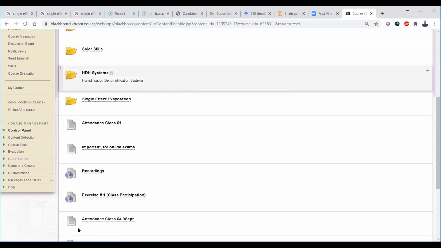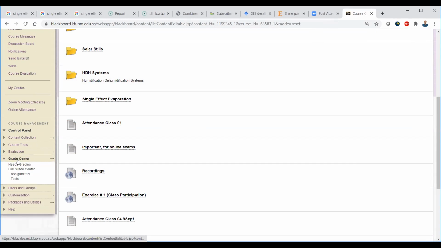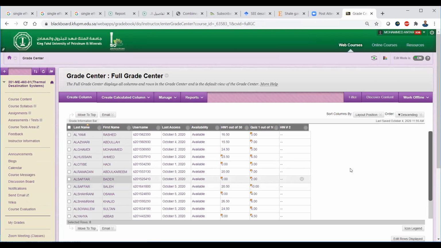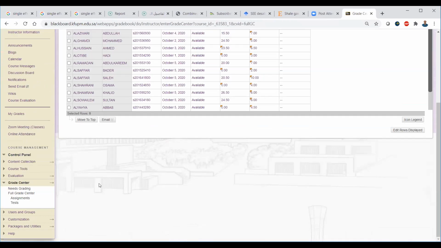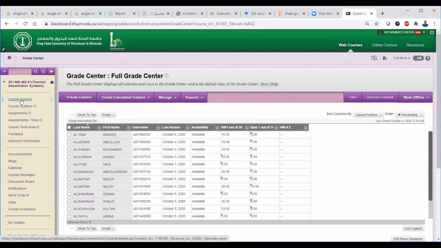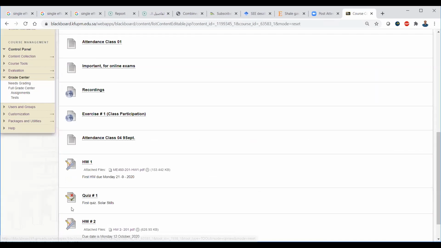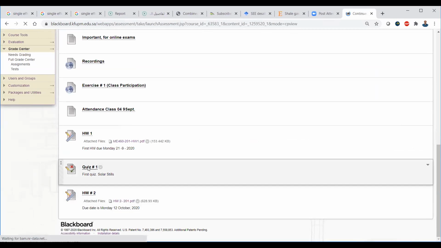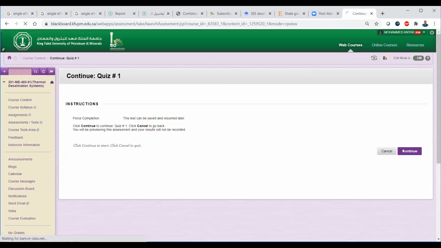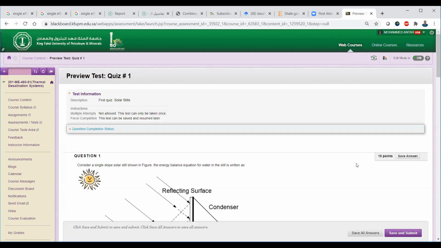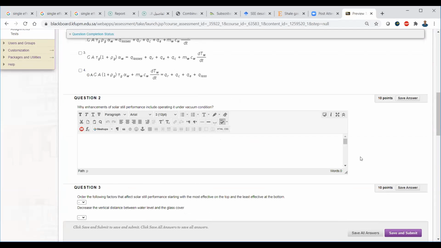Okay. The written one, how many points does it weigh? Let me remember, Abdulkarim. I need to get back to the quiz and see how the grade was given there. Quiz 1. Do you have the grade? Basically each one of them has 10 points.